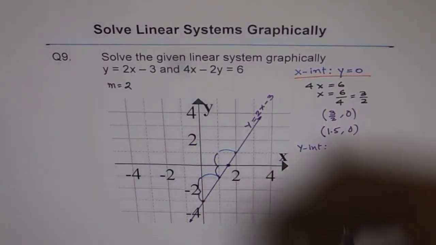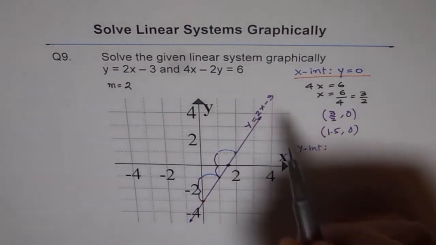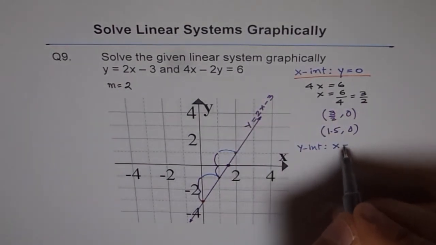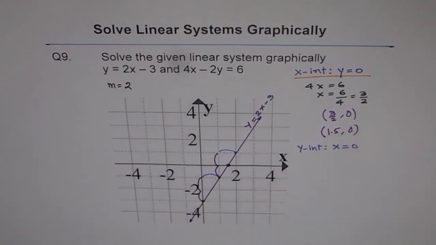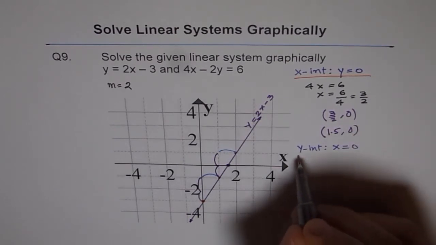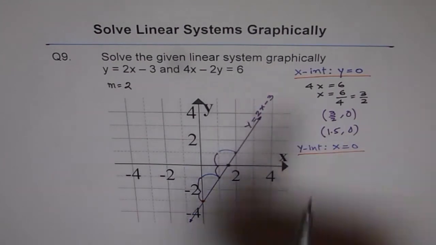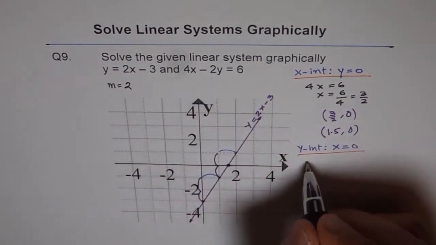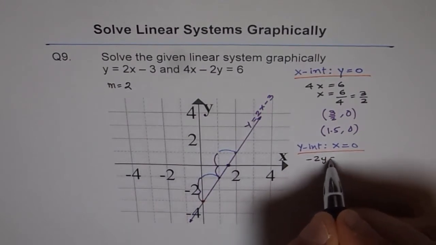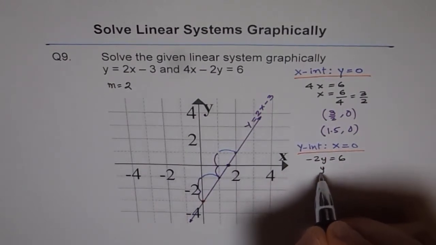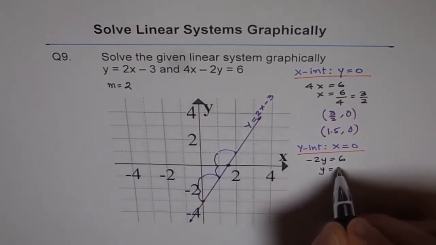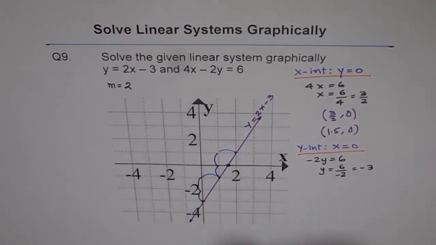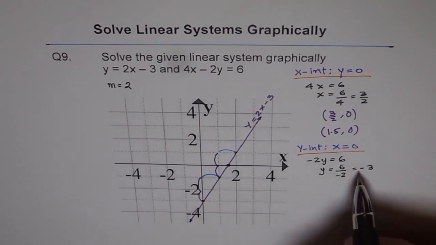So what is the y-intercept? The y-intercept for this line is a point where x is 0. So if you put x equals 0 in this equation, what do you get? For x equals 0, we get minus 2y equals 6, or y equals 6 divided by minus 2, which is minus 3.